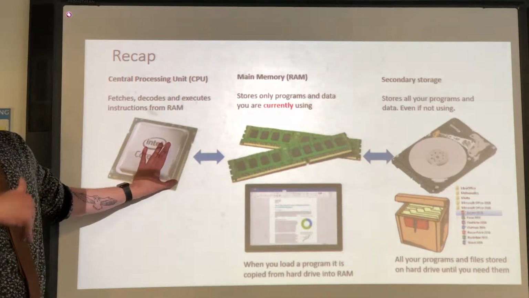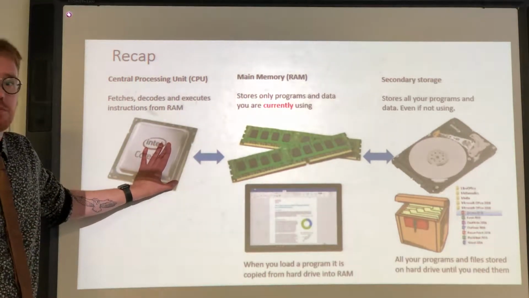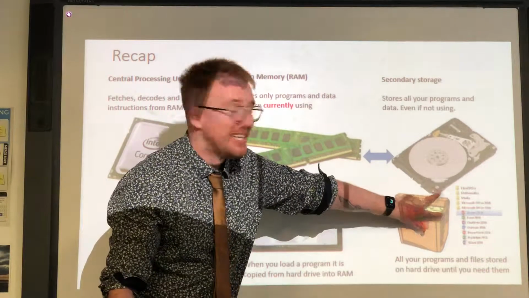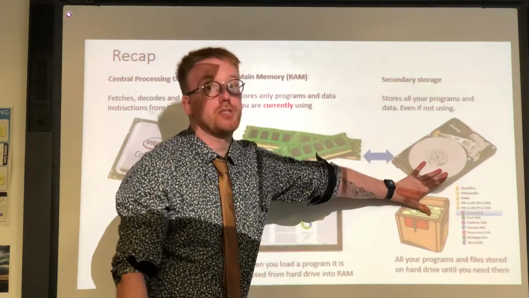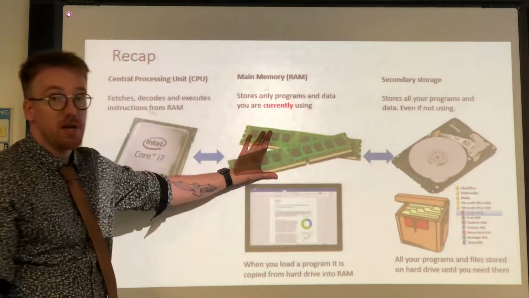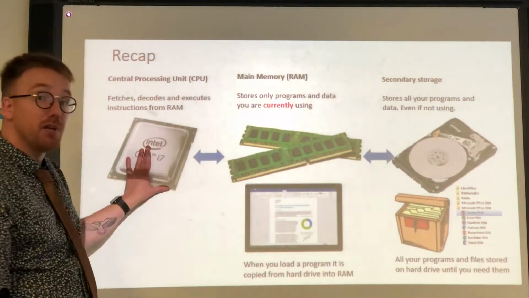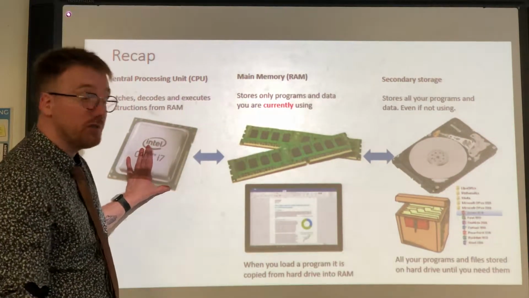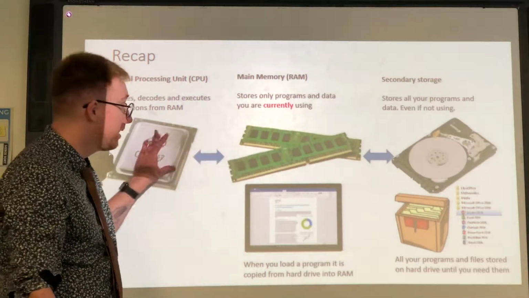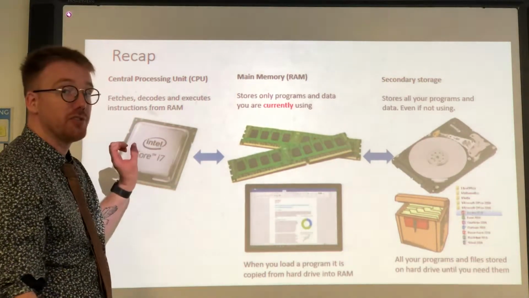So when you go down to the Start menu in Windows and you load Microsoft Word, a copy of Microsoft Word is transferred from your computer's hard drive, from its secondary storage, into main memory, and then the CPU fetches each instruction that makes Microsoft Word in turn. Fetches it, decodes it, executes it.